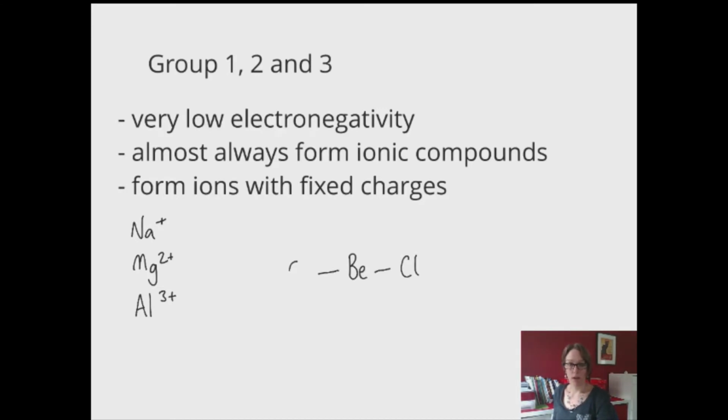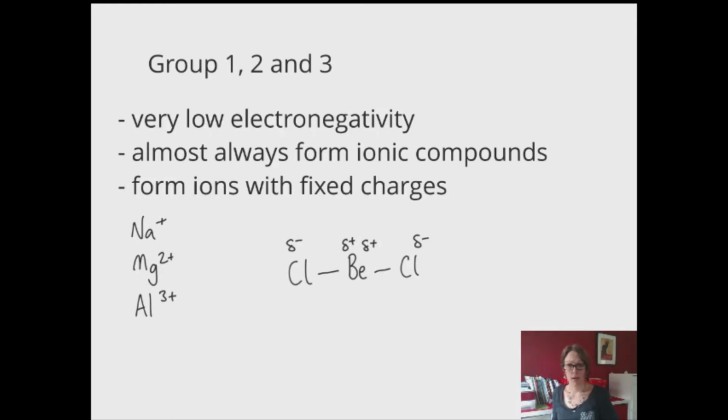But there are a couple of what we might consider metals, such as beryllium, that although they have a low electronegativity, have a high enough ability to attract electrons that they actually form covalent compounds. So beryllium chloride has come up before in shapes of molecules because it's a linear molecule with 2 chlorines attached.